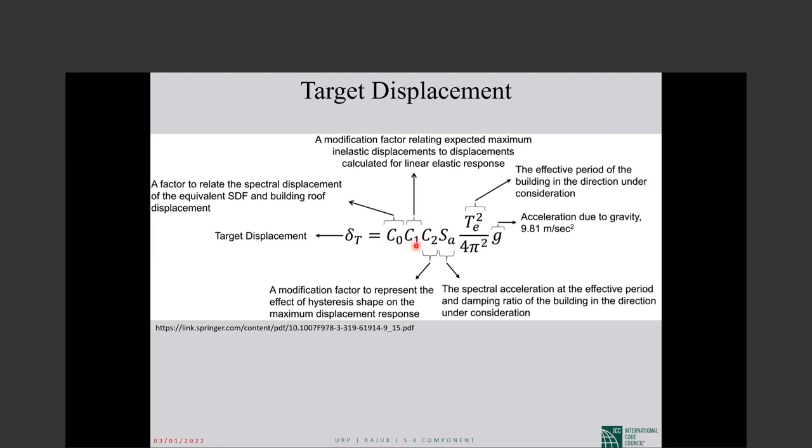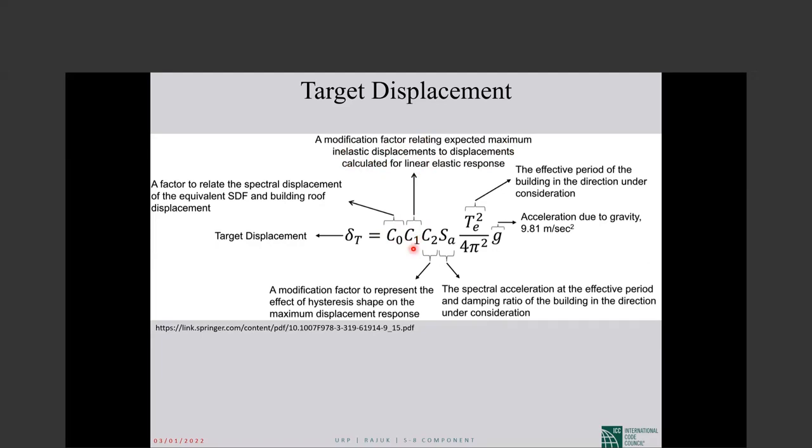C1, linear and nonlinear: a modification factor relating expected maximum inelastic displacement to displacement calculated for linear elastic response. In seismic design and seismic evaluation, the buildings will experience nonlinear behavior, so the effect of nonlinearity and damage will be included by C1.